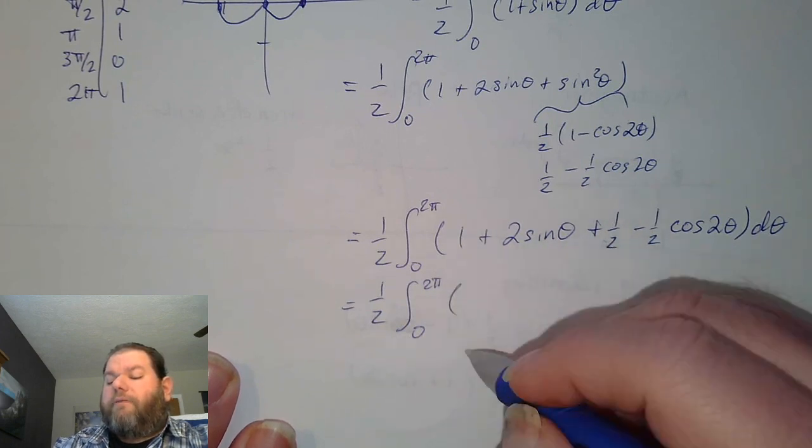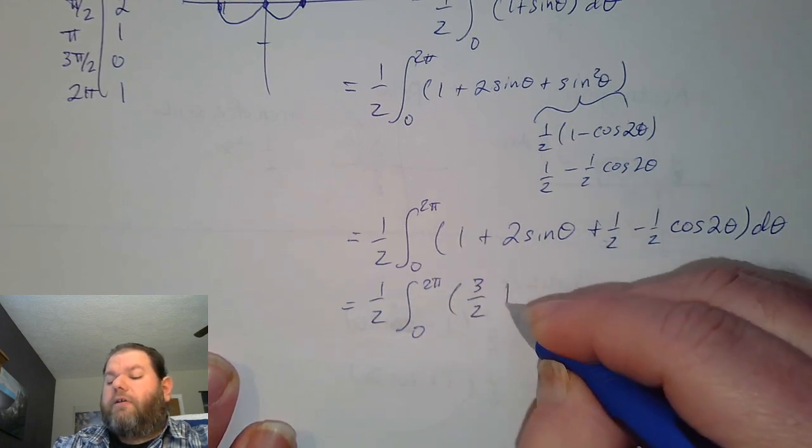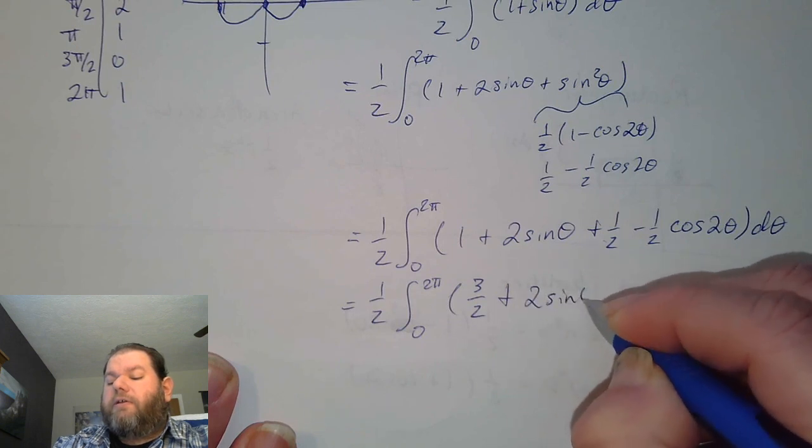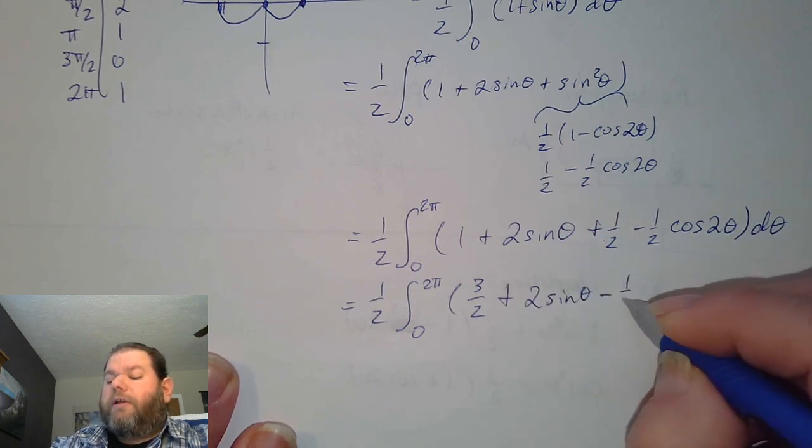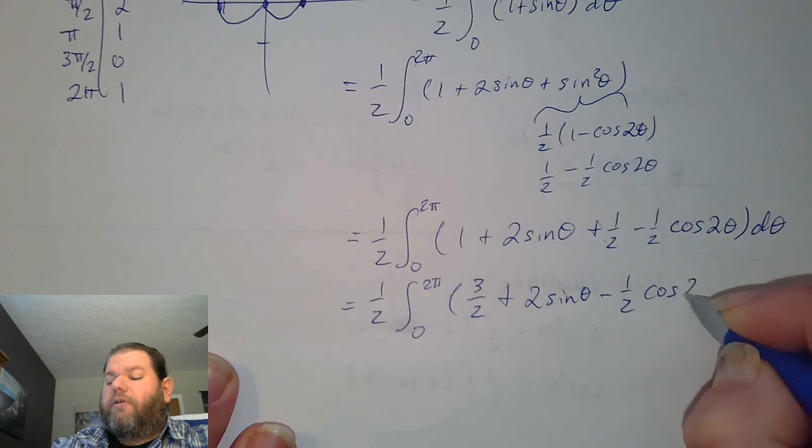One and 1/2 is 3/2, plus 2 sine theta, minus 1/2 cosine 2 theta.